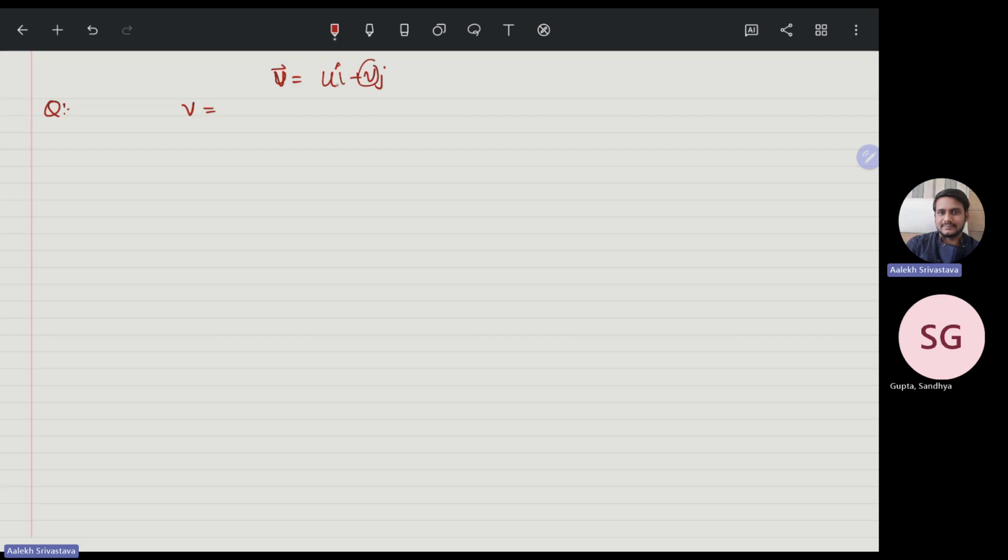Here v is given as y square minus 2x plus 2y, and it says that the flow is steady and incompressible.